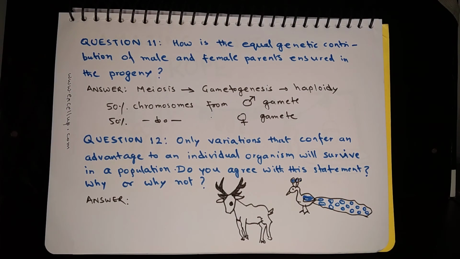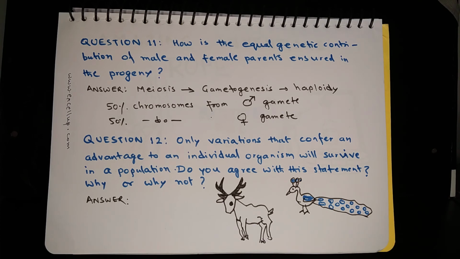Meiosis is a type of cell division in which the number of chromosomes in the daughter cell becomes half of the number in the mother cell. So what happens? Meiosis results in haploidy, that is halving the number of chromosomes. So the gametes will have half the number of chromosomes compared to the somatic cells.